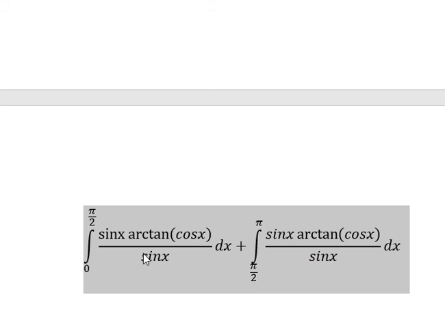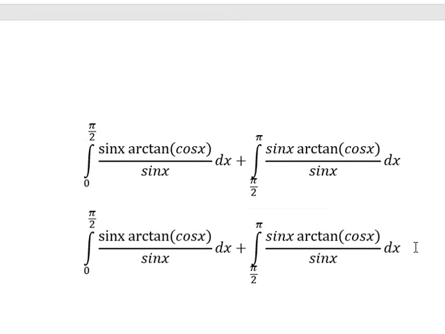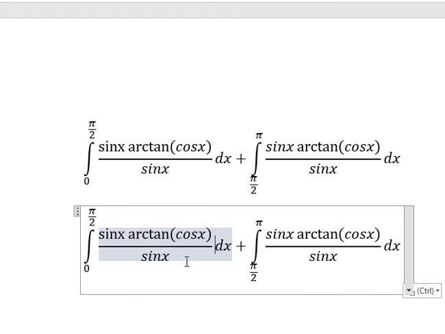And we know that sine s is the square root of 1 minus cosine x squared.